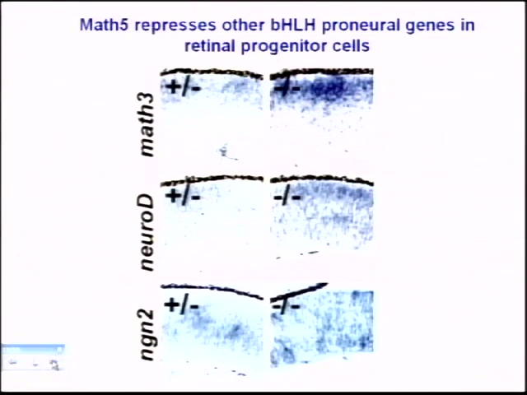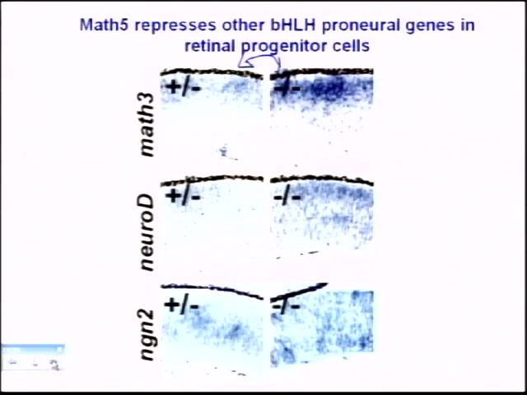So if you're expressing MATH5, you have downregulation of MATH3, NeuroD, and neurogenin 2. These are related to MATH5. They're proneural bHLH transcription factors. These transcription factors are involved in producing the next cell types in retina development. So when you take away MATH5, you see upregulation of MATH3 and NeuroD, for example.